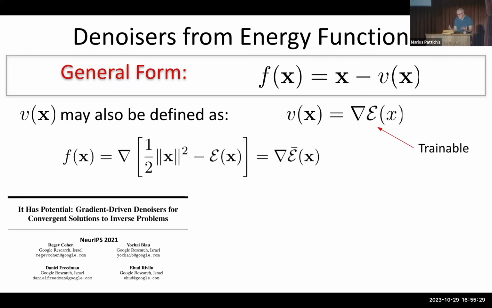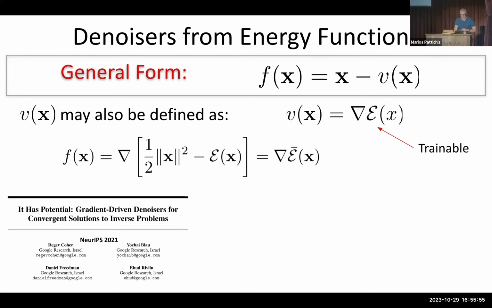And in fact, you can train that energy function. You can associate a cost or a particular value to different versions of an image and to different images. And if you do that, then you can write f of x as the gradient of what's inside the brackets, which is a quadratic minus E of x. Okay. This has various advantages that for technical reasons turn out to be really important later on.